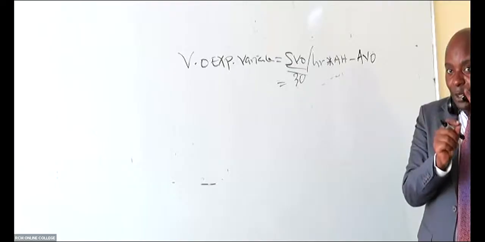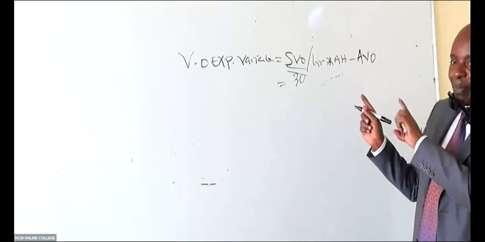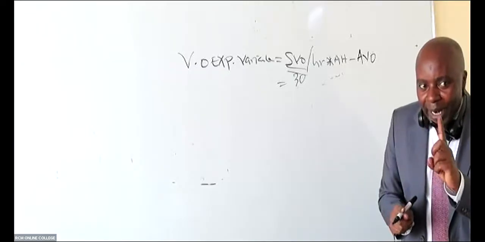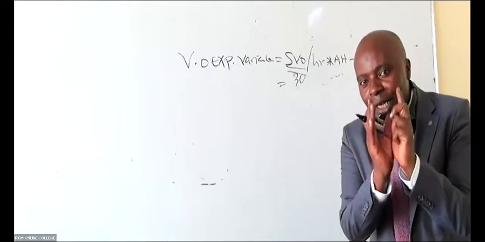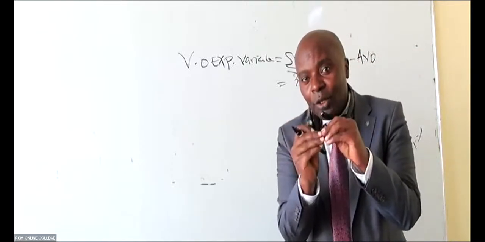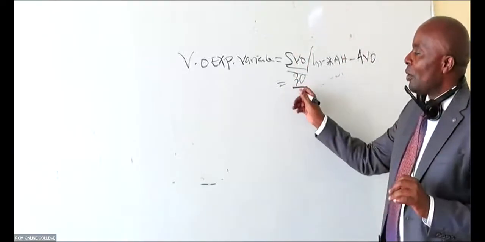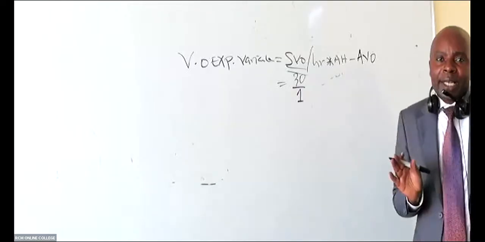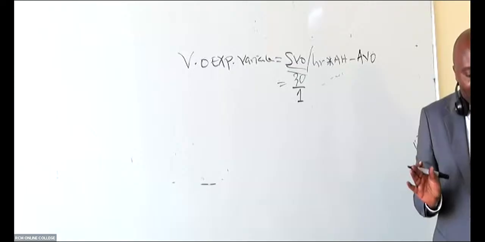You would have divided by 2, because we want to work with standard variable overhead per hour. So you go to the standard cost card, pick the standard variable overhead there, 30, and in the same card you look for the labor hours. Here we have 1, so it is 30 divided by 1.